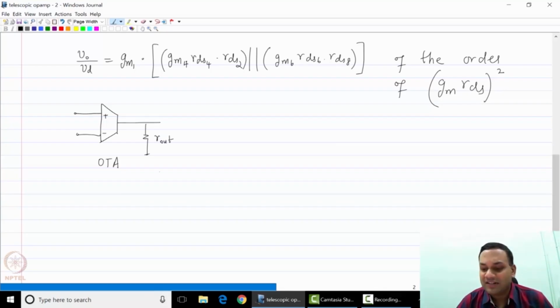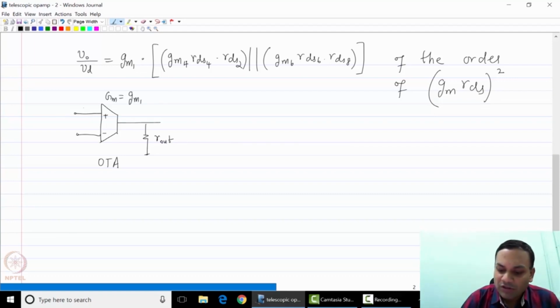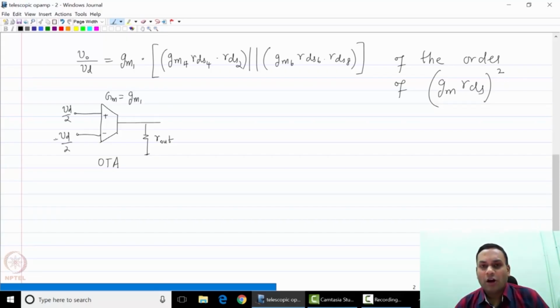This is the output resistance and the transconductance is nothing but GM1. So as you can see, the transconductance of the telescopic OTA is the same as the transconductance of the original one stage op amp.